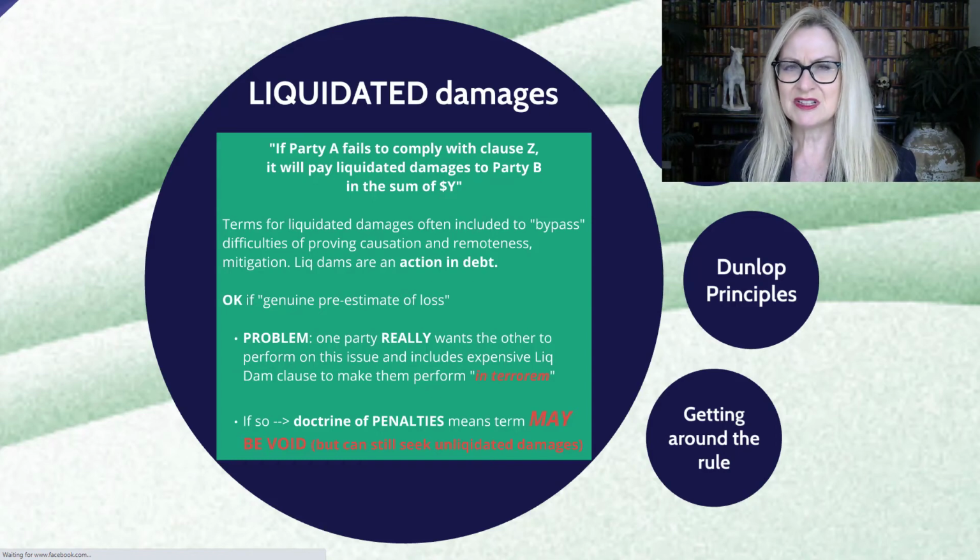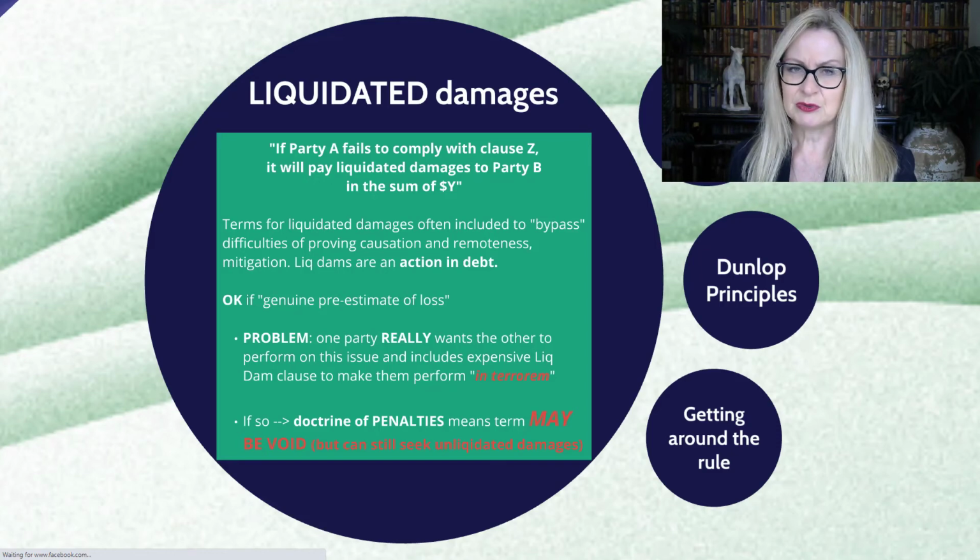So the court developed this doctrine of penalties, and if the liquidated damages clause goes far further than is necessary to really compensate the innocent party for their loss, if they are not a genuine pre-estimate of loss, then they will be struck down as an offensive penalty. That is, they may well be void.